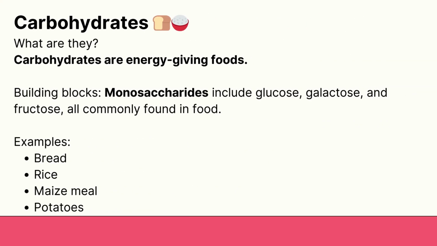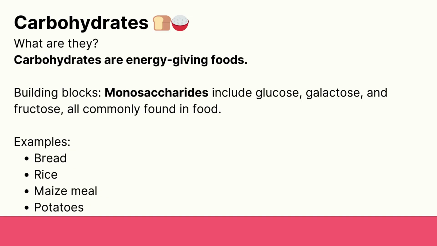So carbohydrates are your energy-giving food. Carbs and their building blocks are monosaccharides, and these monosaccharides include glucose, galactose, which is found in milk, fructose, which is found in sugar, and glucose is also found in your bread, a lot of other stuff.